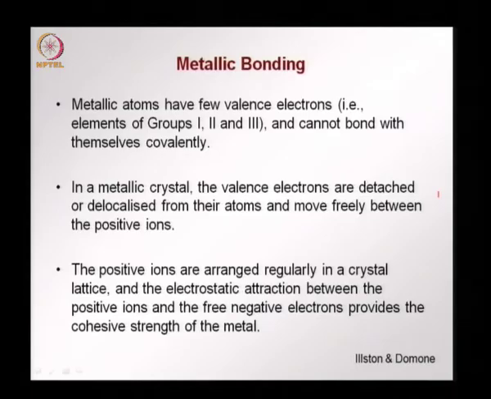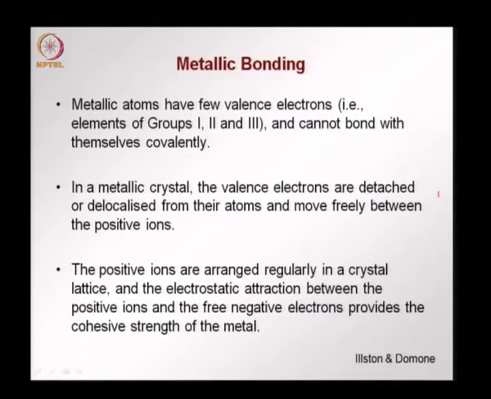Metallic atoms have few valence electrons, that is, they are elements of groups 1, 2 and 3, and cannot bond with themselves covalently. In a metallic structure, we have valence electrons that detach or delocalize from their atoms and move freely between the positive ions.